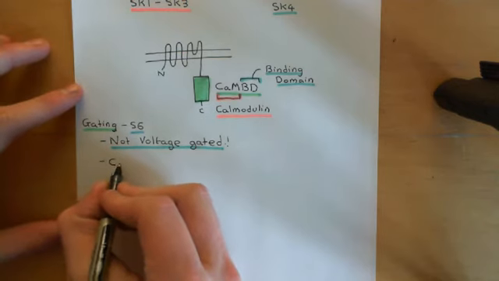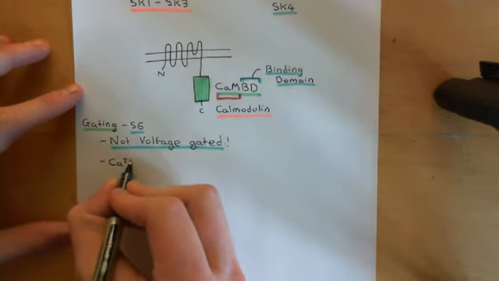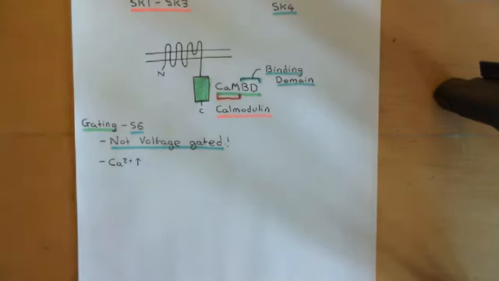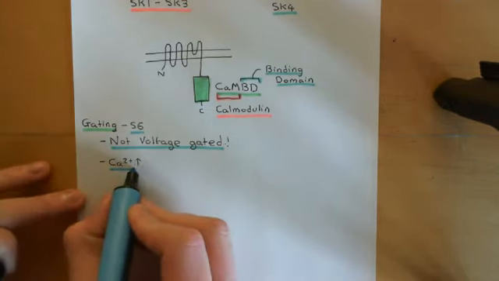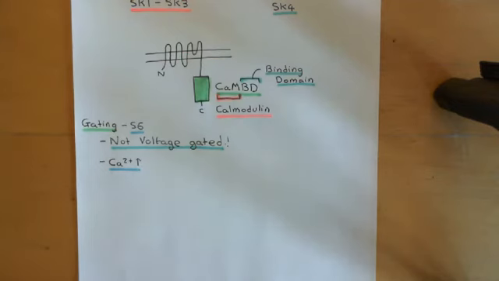So when the cytoplasmic calcium concentration goes up, that is going to cause these things to open. And why might cytoplasmic calcium go up? Well, maybe you've opened a voltage-gated calcium channel in the cell membrane, and that will allow calcium to come into the cell. So remember, calcium concentration in the cytoplasm is usually ridiculously low.